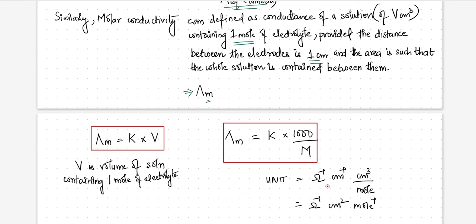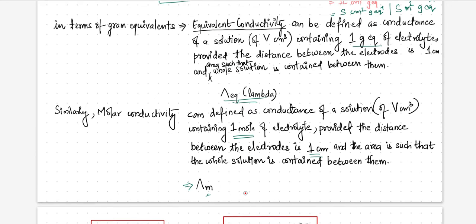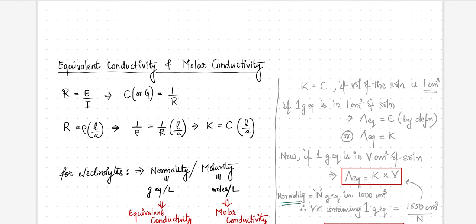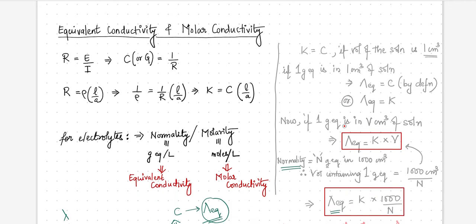So these two conductivity terms are very important when you talk about electrolytes. In electrolytes, equivalent conductivity as well as molar conductivity is very important, and you should know the expressions that we learned.